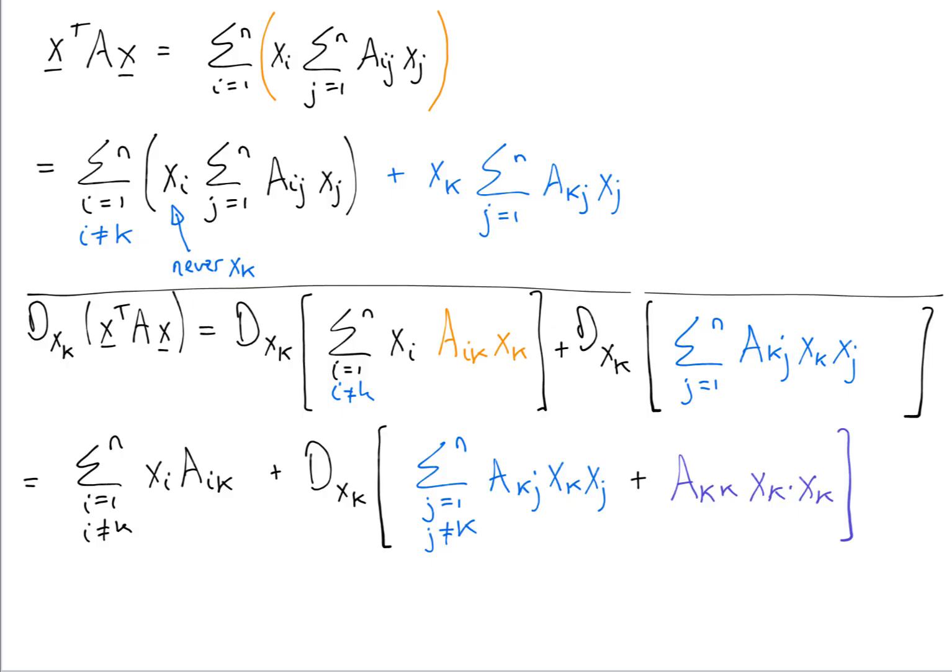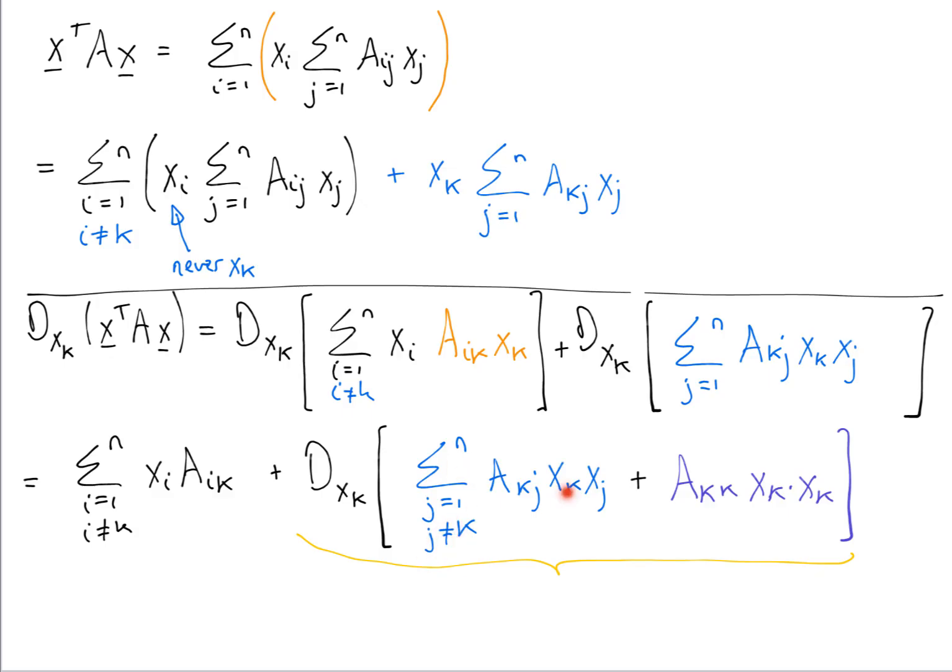And we can now take the derivative here. So concentrating on this term, for the first expression, we note that this xj is always different than xk, right? j ranges from 1 to n except the case where it's equal to k.